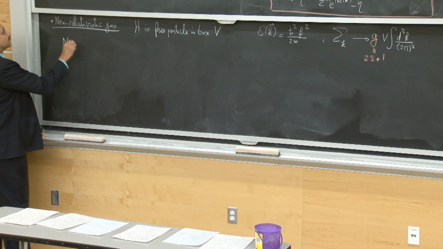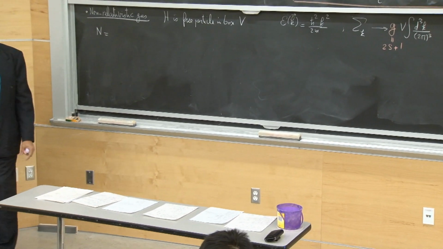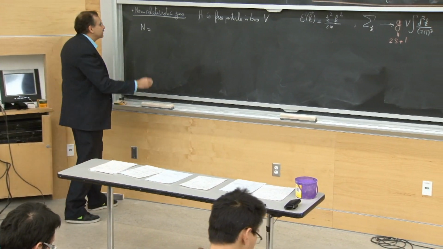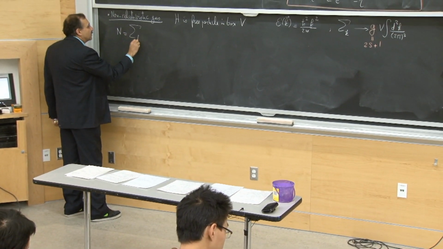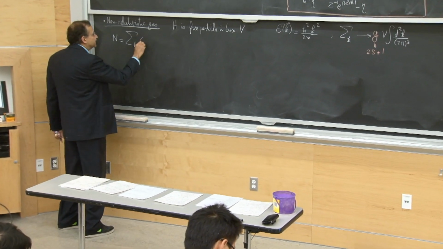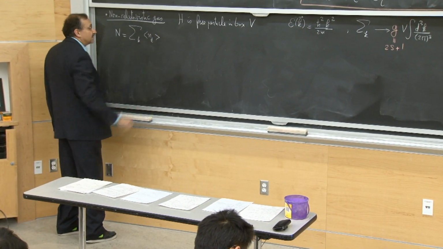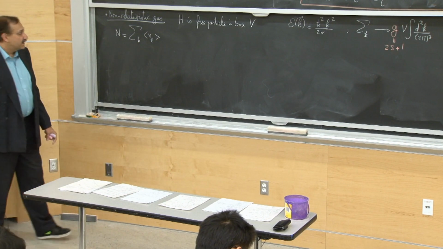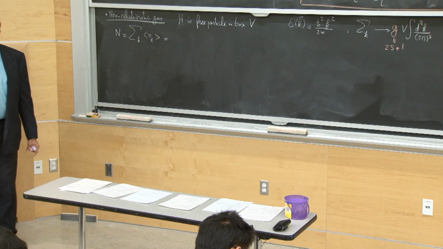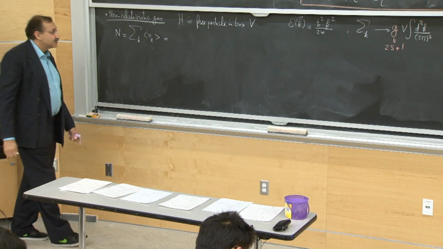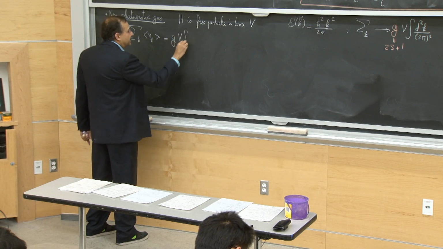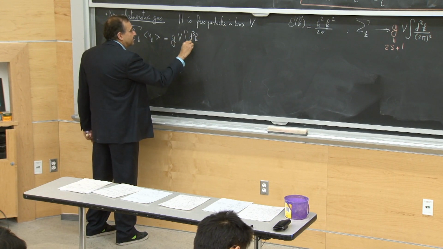Well, once I have determined what the chemical potential is, the average number of particles will be the sum over the average occupation numbers that I have in all of these states. And according to the prescription that we have over here, in the limit of a large box, this sum over k becomes g V integral d cubed k over 2 pi cubed.